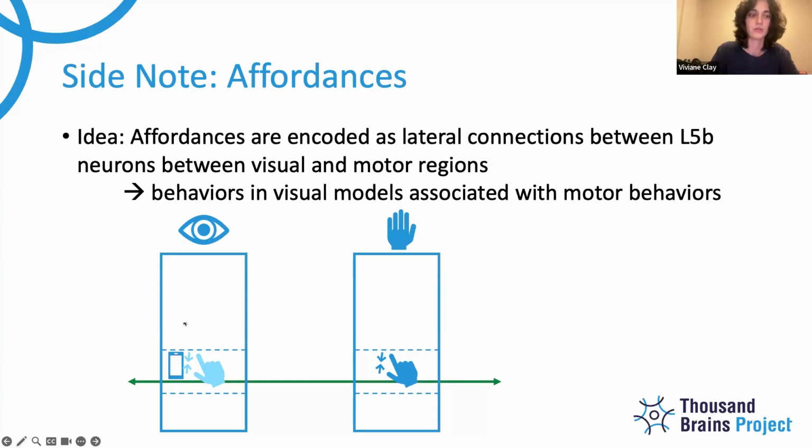If a vision column has learned, say, the pinch movement to zoom out on your phone, and we have a visual model of that behavior, that would be voting with the behavior model in the motor cortex of your fingers pinching. If I'm seeing that behavior, the vote would invoke it here, or if I'm invoking the behavior here, I would expect to see this behavioral change on the phone. Maybe that's how affordances are implemented.